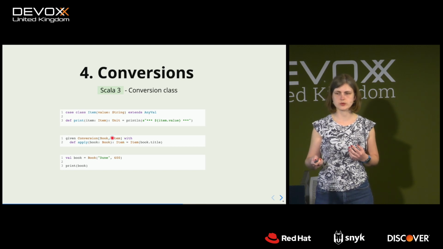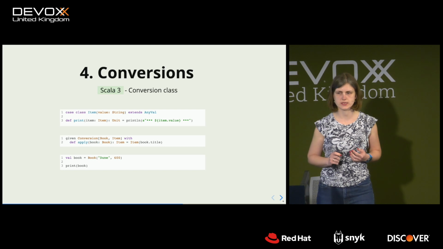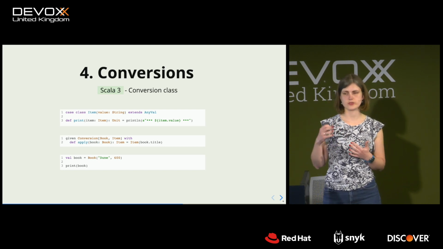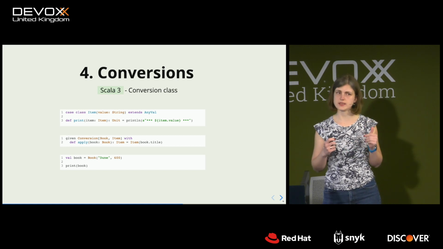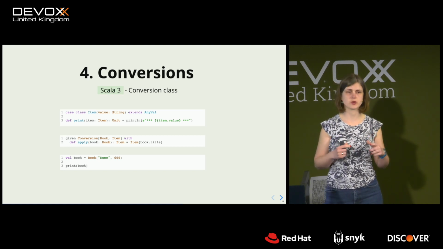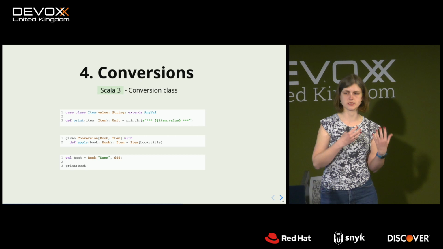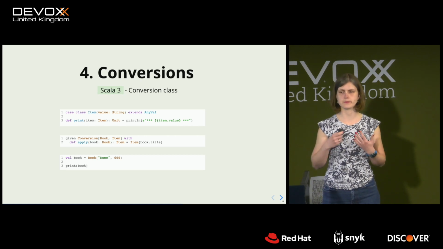And then you need to implement the apply method on that. So whenever you see the implementation of the scala.Conversion class, you instantly know what's being defined. You know that you are providing an implicit conversion for the compiler to treat one type as if it had the other type. So that's, again, much clearer.